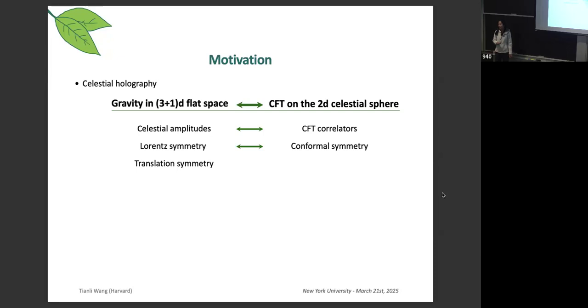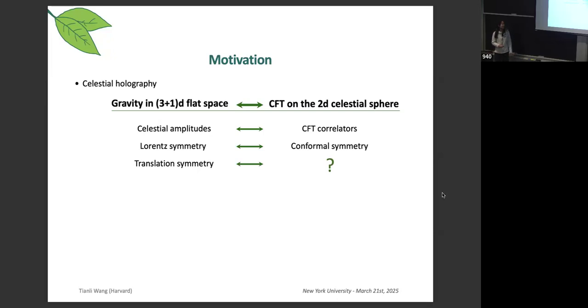Okay, so a basic but important fact about this correspondence is the isomorphism between the Lorentz group and the conformal group. But an immediate question you might ask here is then, what about translation symmetries? What role do they play in the boundary CFT?